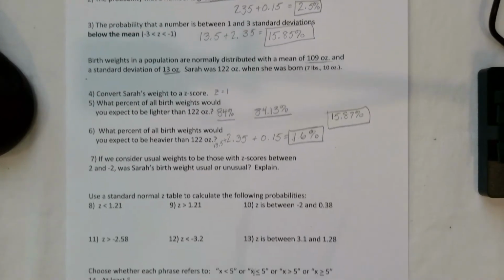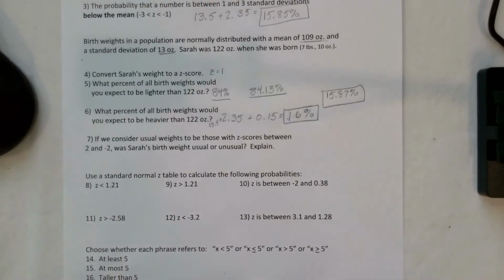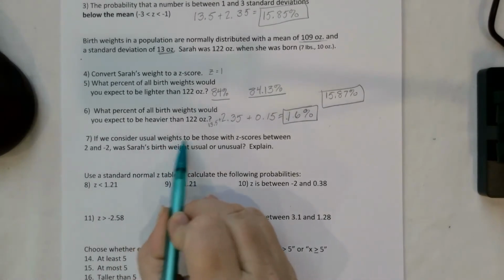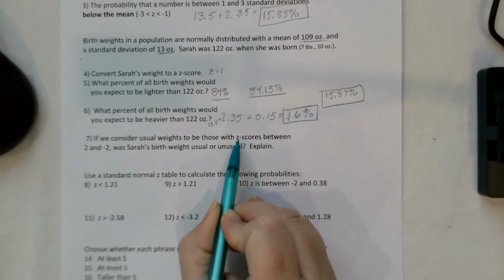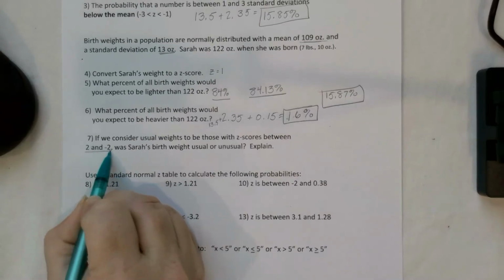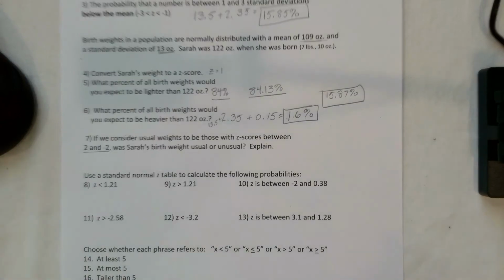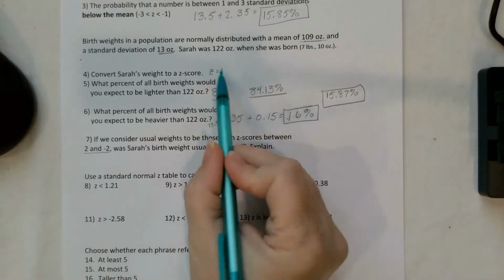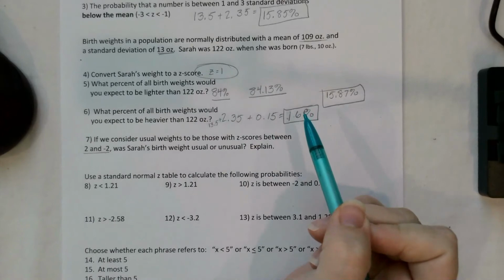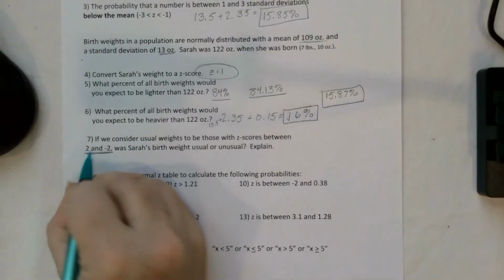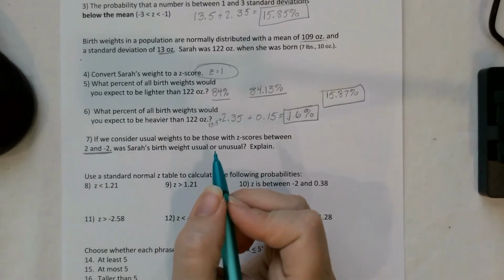Okay. All right. If we consider usual weights to be those with z-scores between 2 and -2, was Sarah's birth weight usual or unusual? Well, what was her z-score? Her z-score was 1. Is 1 between 2 and -2?